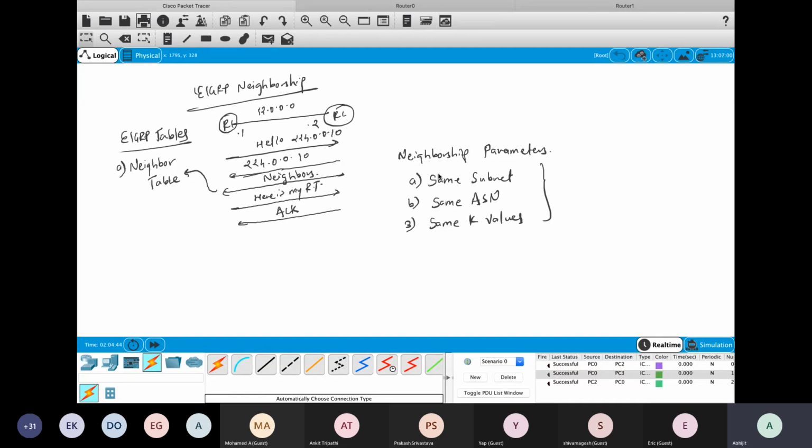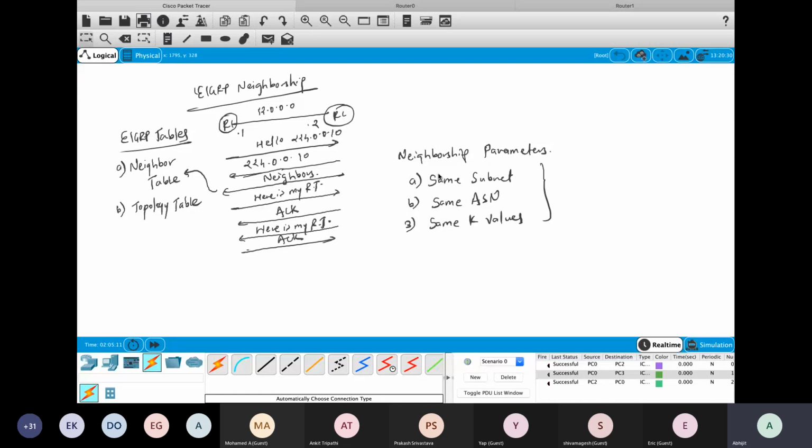And then after that, it will say, here is my routing table. Makes sense? And then R1 will acknowledge that exchange, saying I have received your routing table as well.